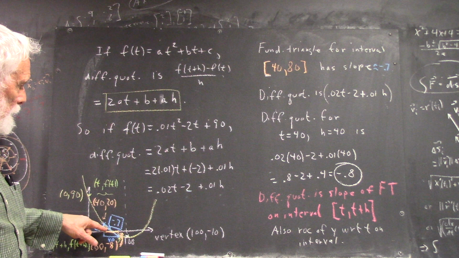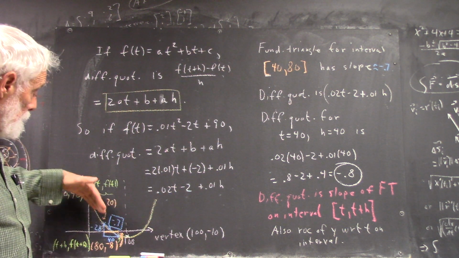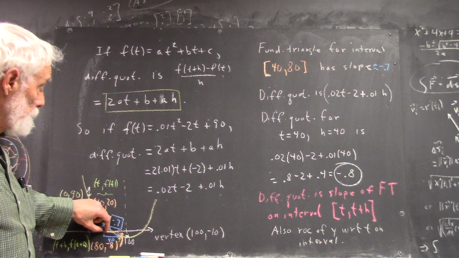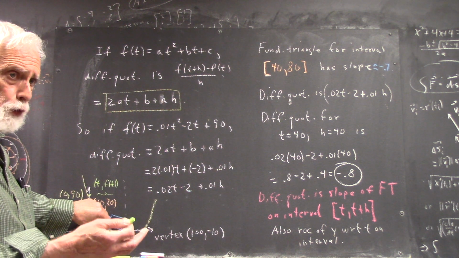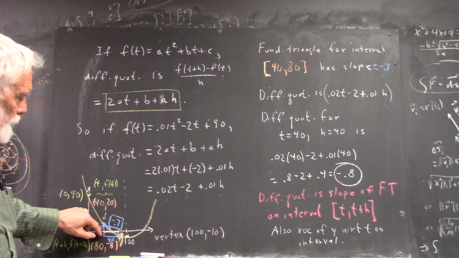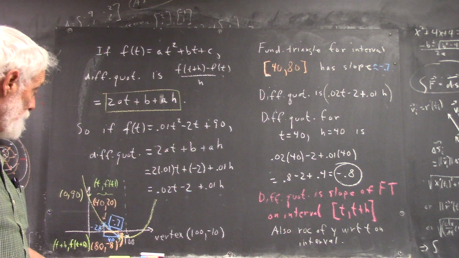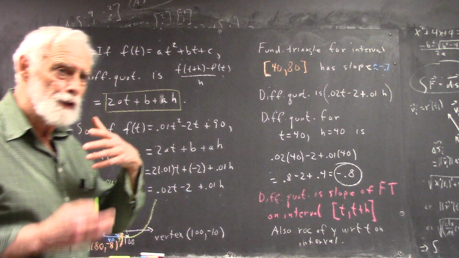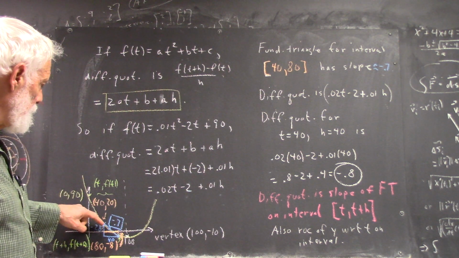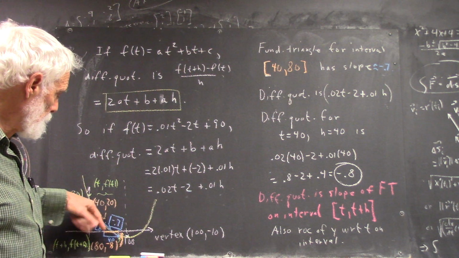The slope would be slightly different because this curve is concave upward, so the slope would be a little greater. If you use t equals 40 and h equals 1, it would be even a tiny bit steeper. And if you take the limit as h approaches 0, you get the actual instantaneous slope at this point, which would be the slope of the line tangent to the curve at this point.